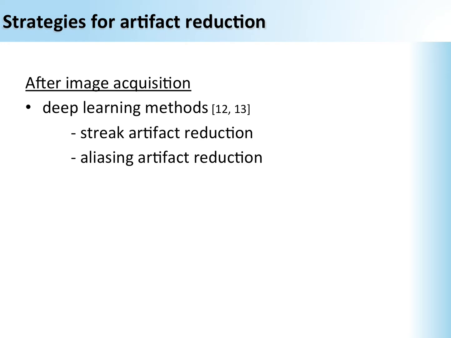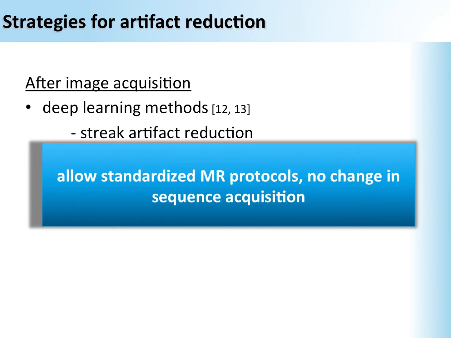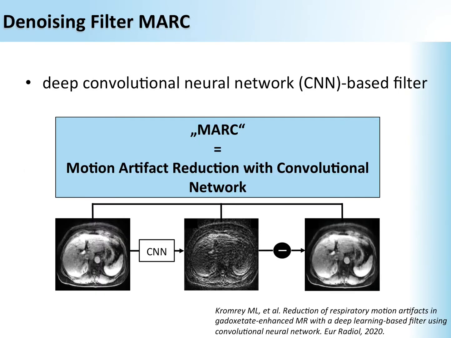So it would be quite nice if you can make better images after the image acquisition, so kind of a post-processing algorithm. And here deep learning methods offer excellent denoising performance. As you can imagine, those post-processing strategies allow for standardized protocols and no change in the sequence acquisition, making the workflow smoother. My predecessor already talked about deep learning, so just let me sum up.